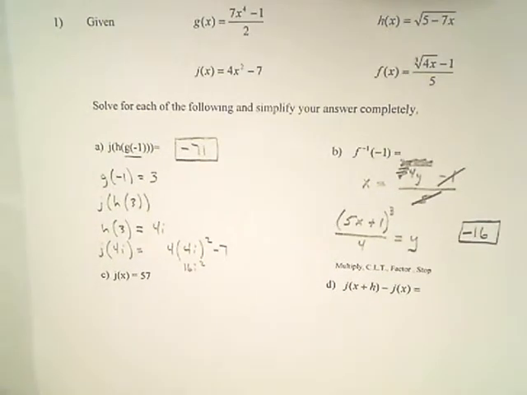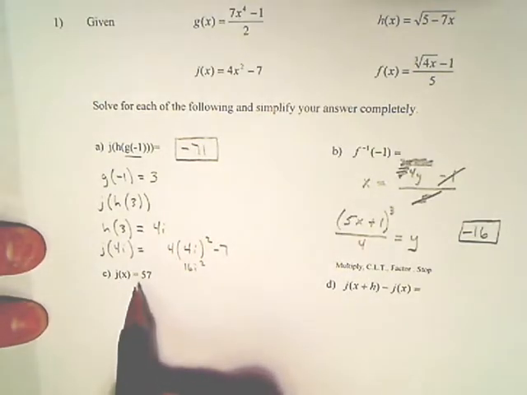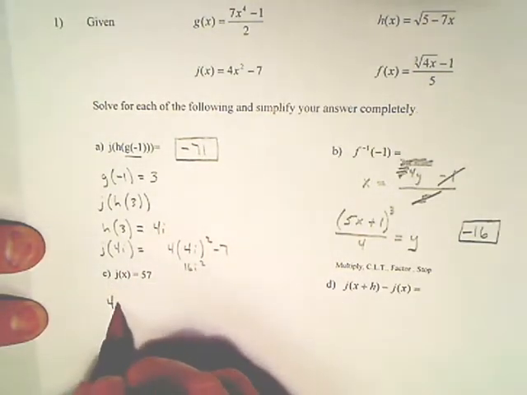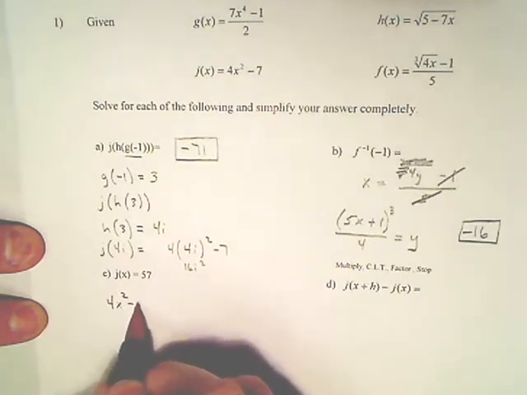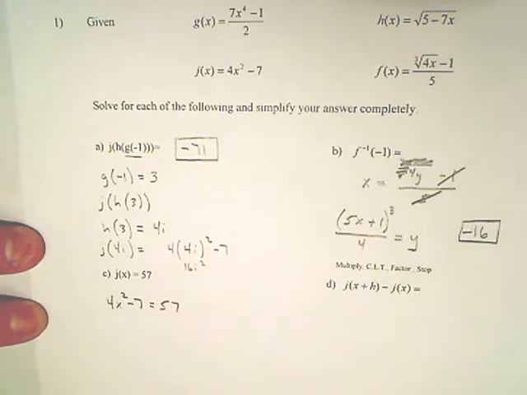C is asking us to set j equal to 57. If we go to j and we set it equal to 57, we get a statement that hopefully doesn't look too intimidating. But this particular problem is here for one reason.